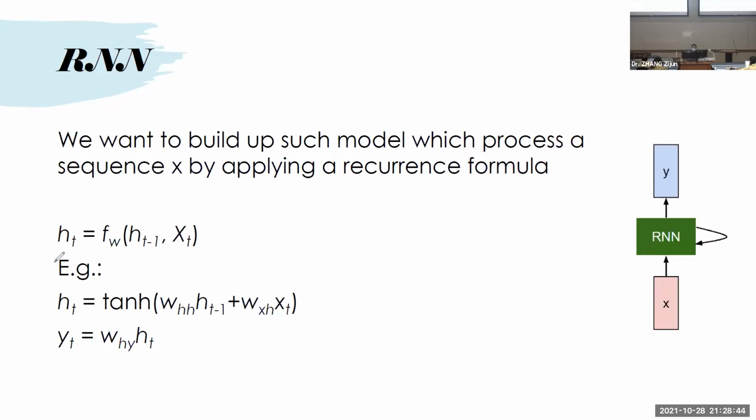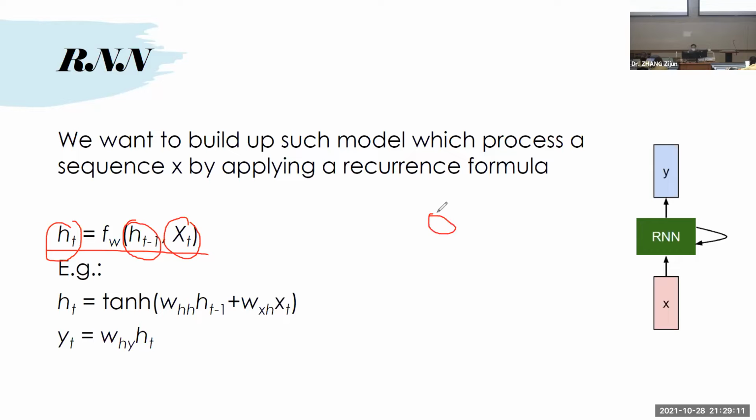A recurrent neural network has a basic expression, and its hidden layer math is very simple. It is an activation function composed of the previous hidden layer and the current input value, embedded into a hidden layer.